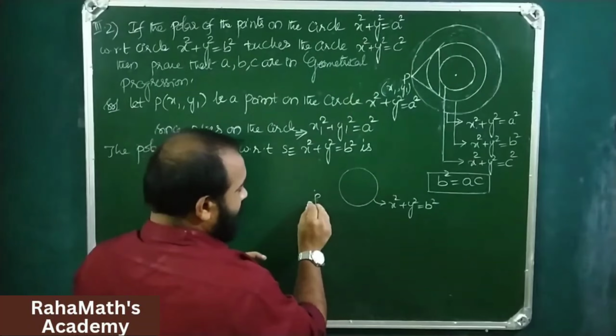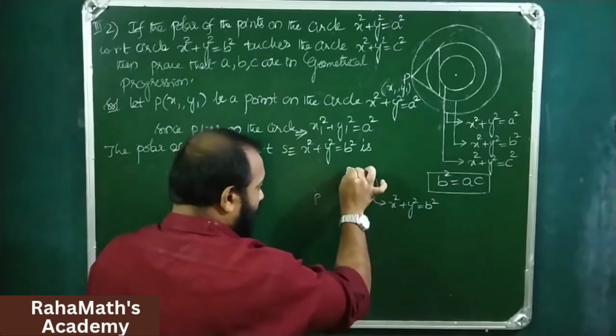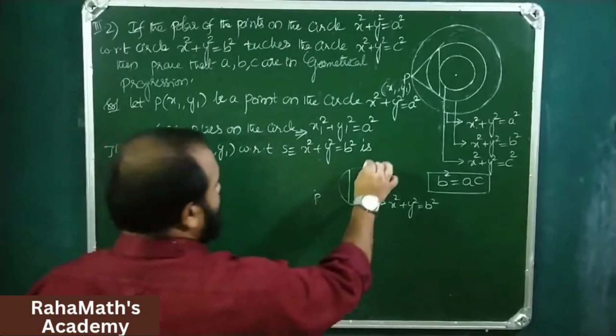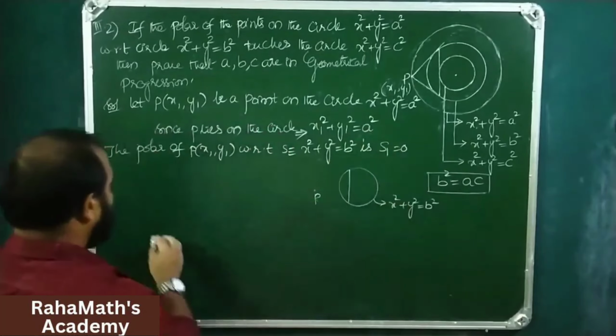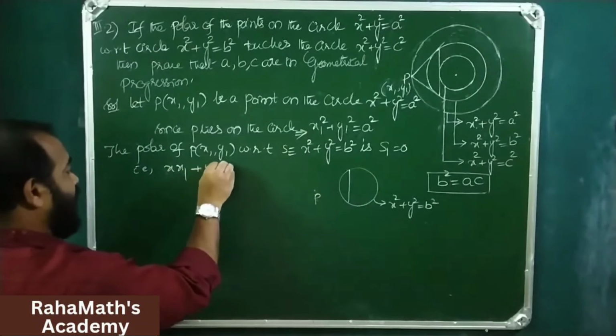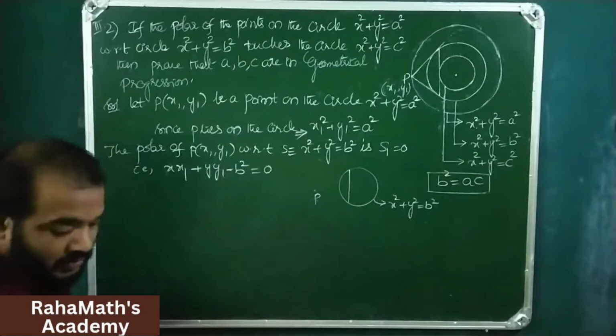Then the polar of this is S1 equals 0, that is x x1 plus y y1 minus b square equals 0.